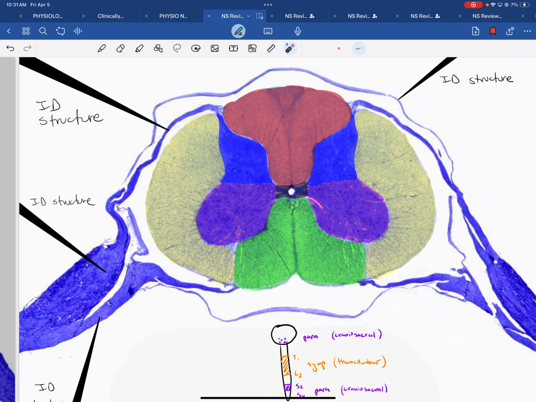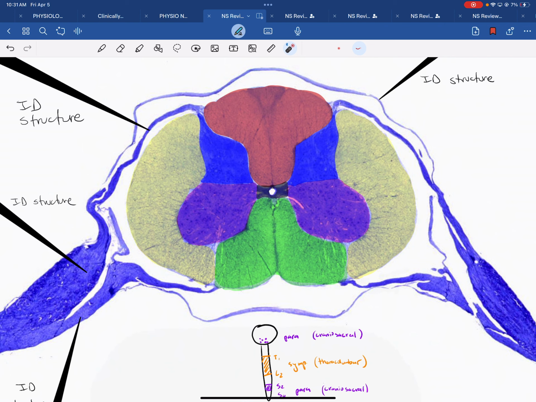Okay, what about this one? Lateral column. Good, the lateral column or the lateral funiculus. What kind of tracts are in the lateral funiculus? Motor and sensory. Good, motor and sensory, ascending and descending tracts. What about the anterior funiculus?